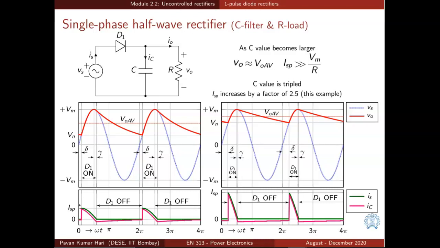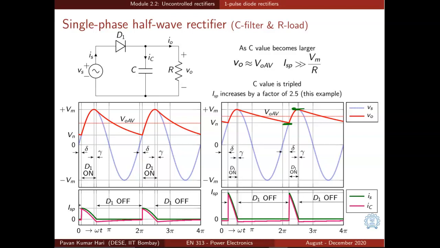That means in a given interval of time, the voltage to which VO falls will be less with higher capacitance, or Vn will have a larger value. The C value is tripled in one example considered here. So the Vn value increases, and the peak to peak ripple in output voltage reduces with increase in the value of C.